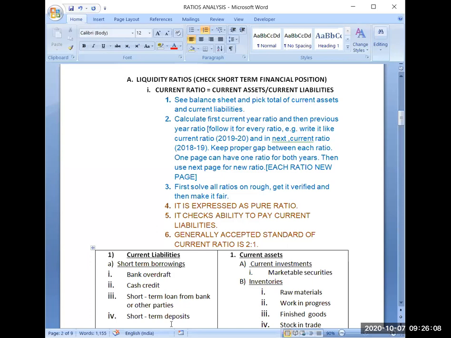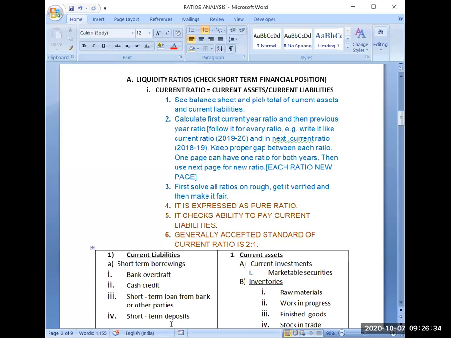Now, last year you have studied liquid assets. So liquid assets are the assets which can be converted into cash very fast. That is called liquid assets. Liquidity ratios are actually, the objective behind calculation of liquidity ratios is that we want to check the short-term financial position of the company.